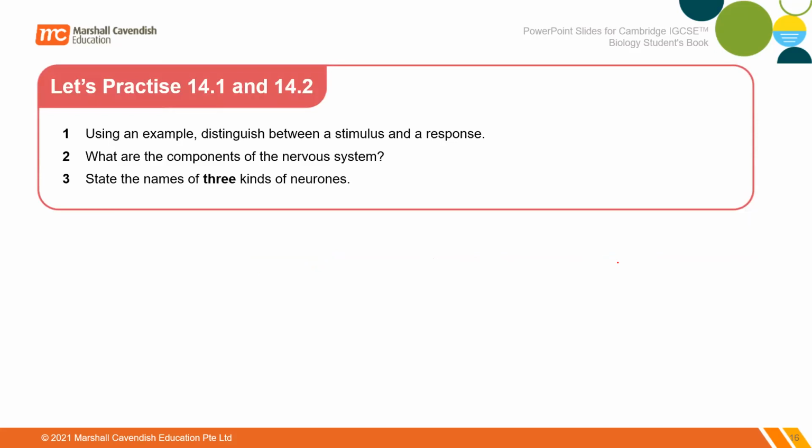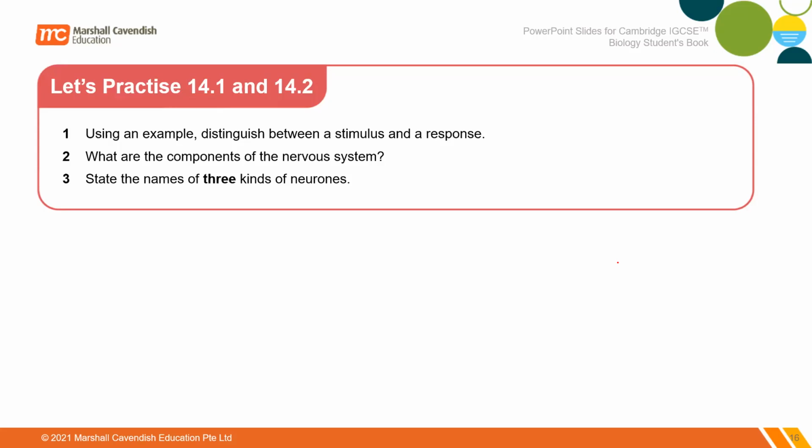Using an example, distinguish between a stimulus and response. So what do you think? Osama, what do you think? By using an example, could you please distinguish between stimulus and response? Yes, mister, of course.